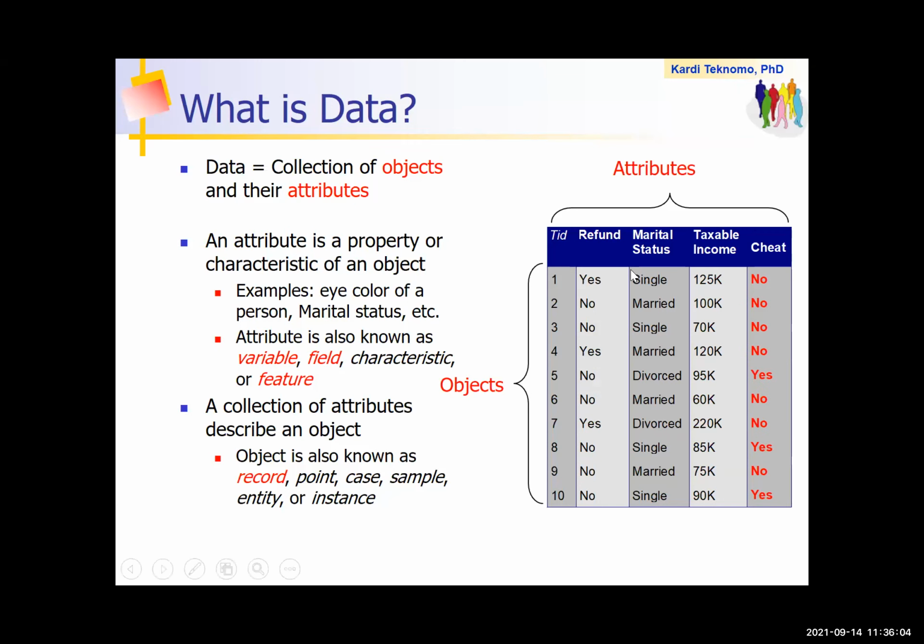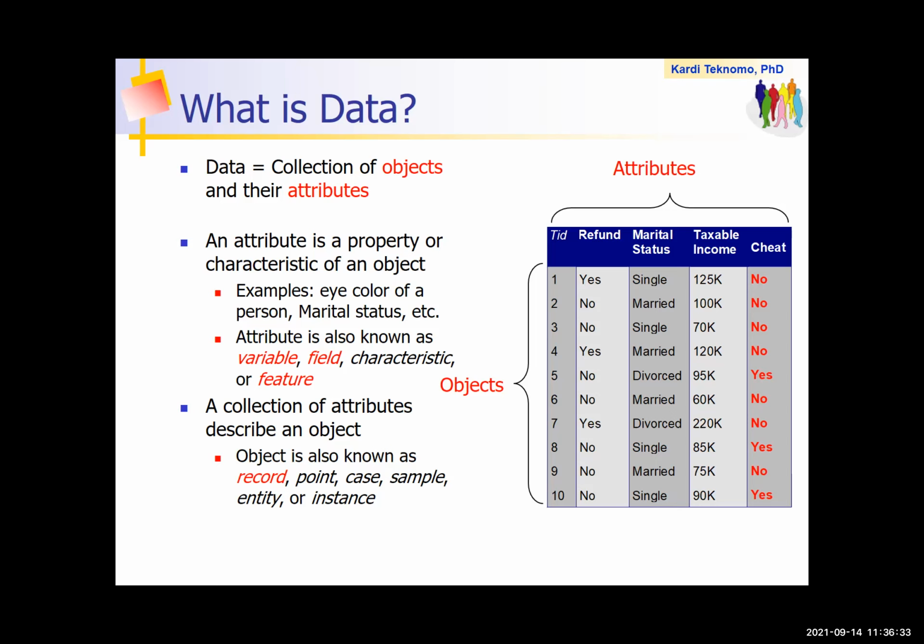In here we discuss data as a collection of objects and their attributes. Looking at the figure on the right, you have several objects, say 10 objects, and we have attributes of refund, marital status, taxable income, or whether this object, which is the person, is cheating or not in their tax.